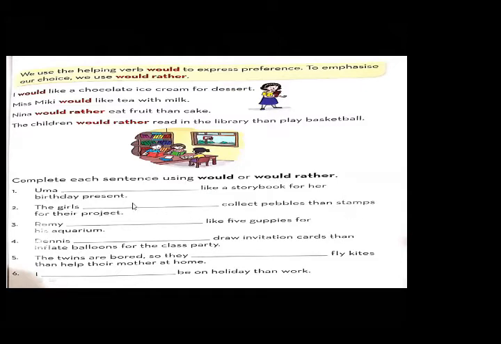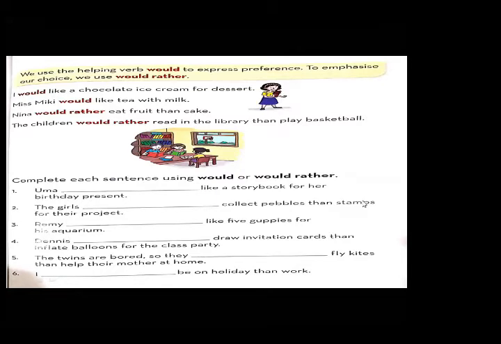Here we use would rather because the girls prefer pebbles. They give special importance to pebbles over stamps. So here is the competition between pebbles and stamps. The girls have to choose between them, and they choose pebbles over stamps.